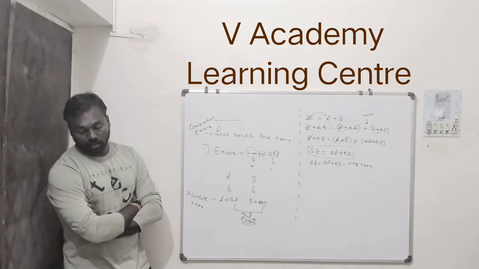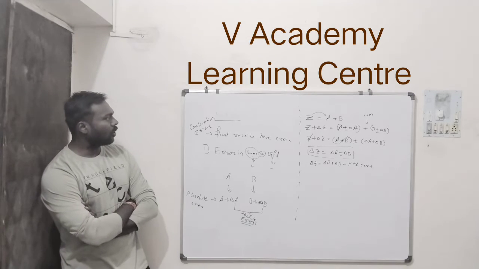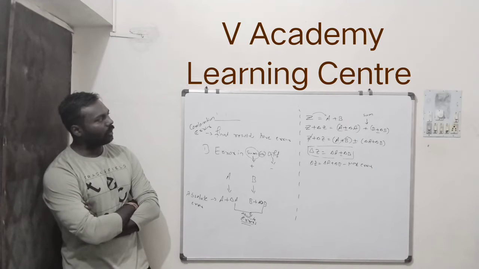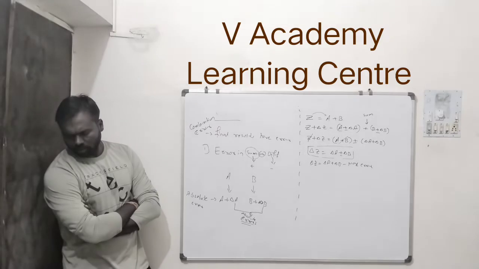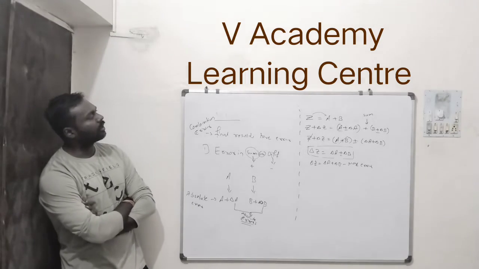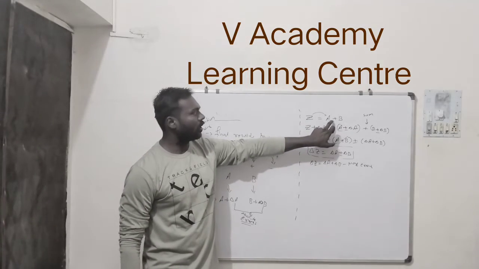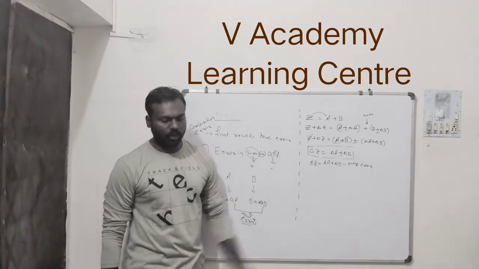And for difference, what did we do? Z equal to a minus b, not delta z. So sum is equal to a plus b here, and for difference, a minus b.